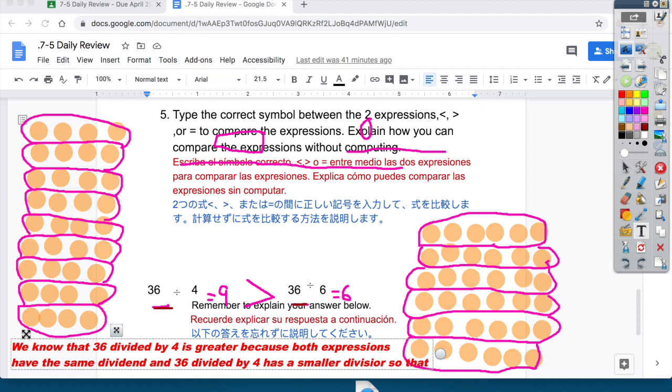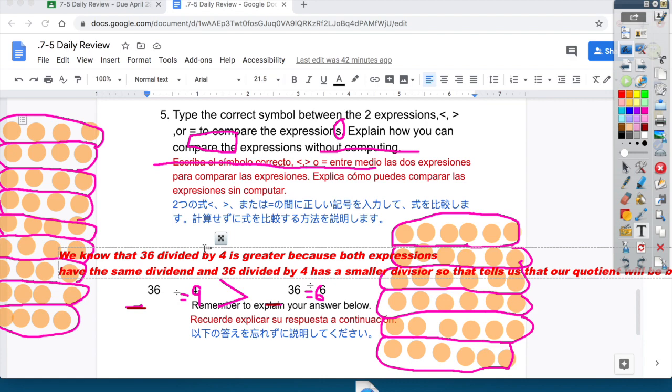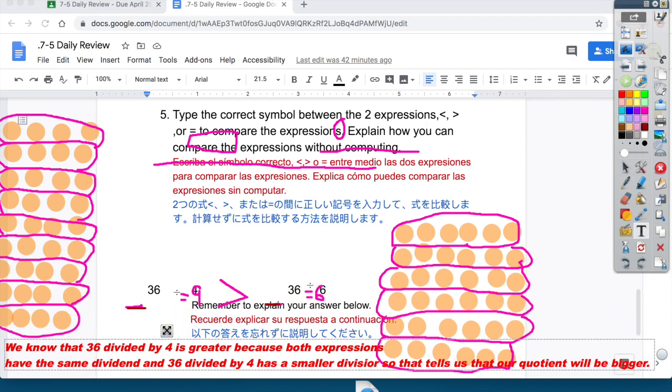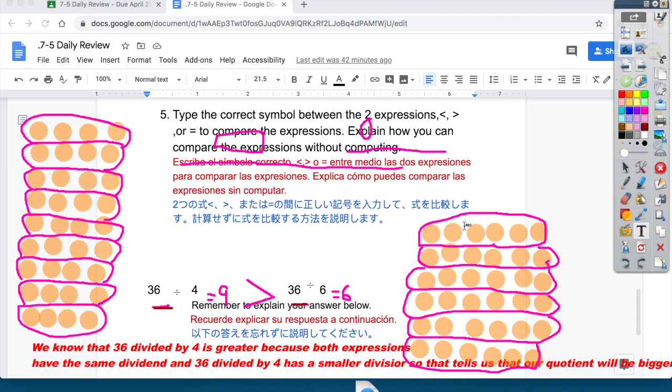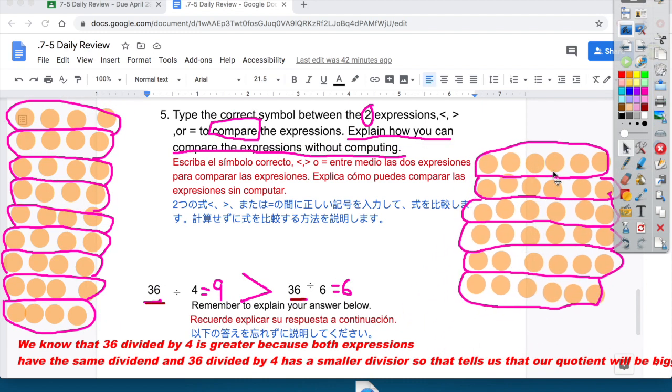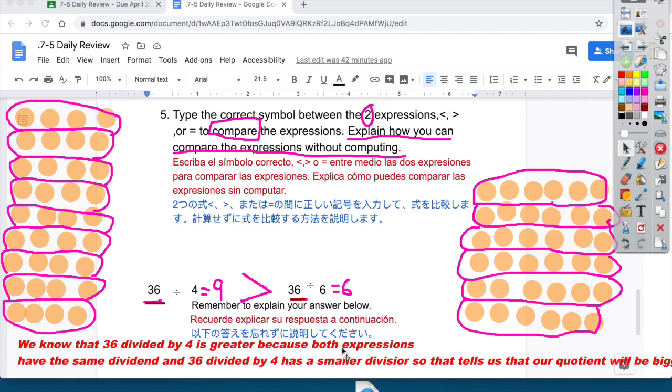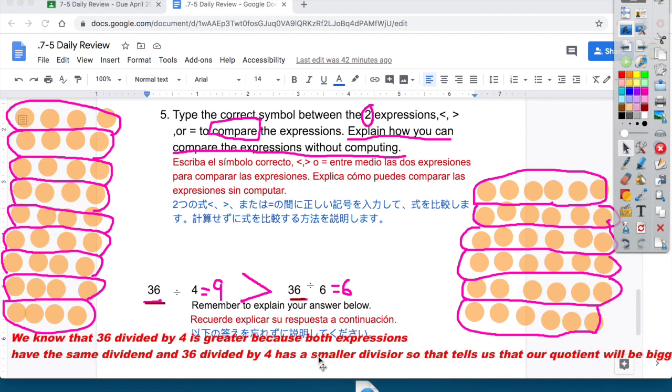So that tells us that our quotient will be bigger. I'm going to move this over a little bit.